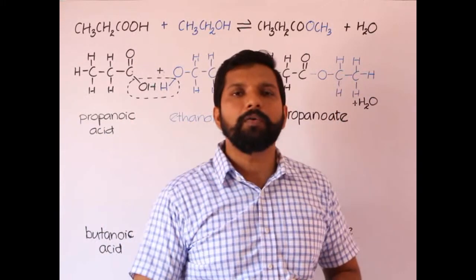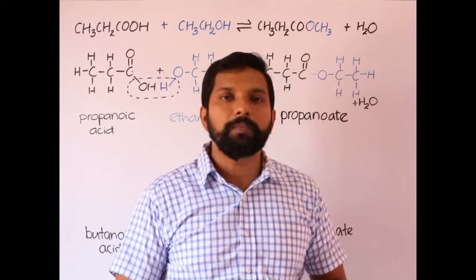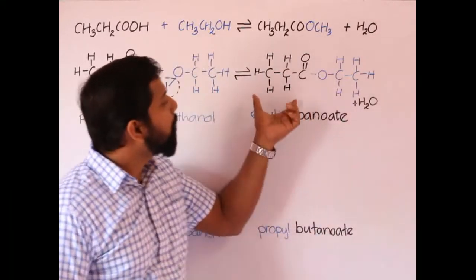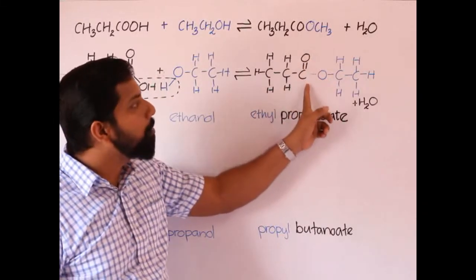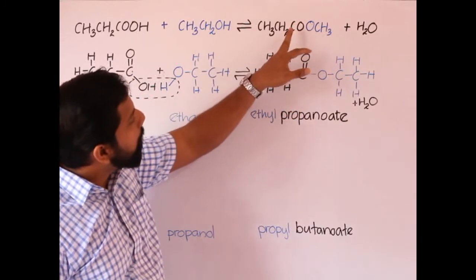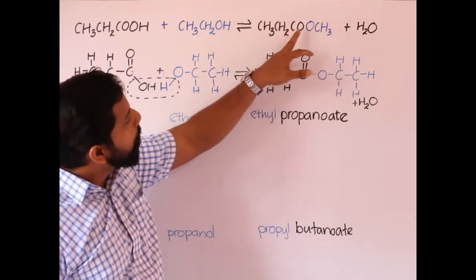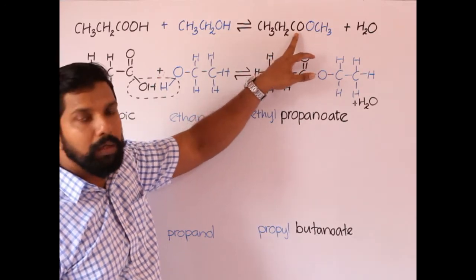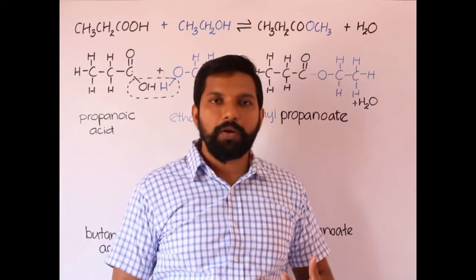How do we figure out which part came from the carboxylic acid? Obviously, it is the part where you have the carbon-oxygen double bond. Or it is the part where carbon has oxygen attached not through a single bond. How do you know whether it's a single bond or not?